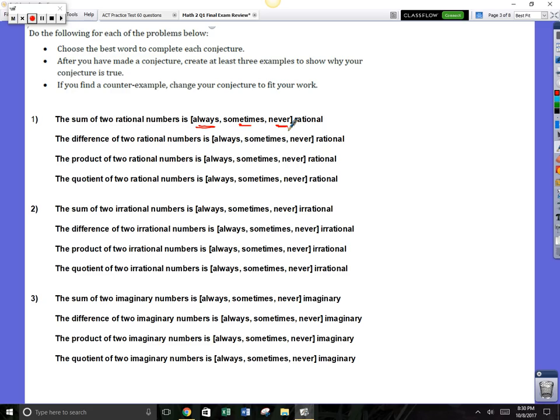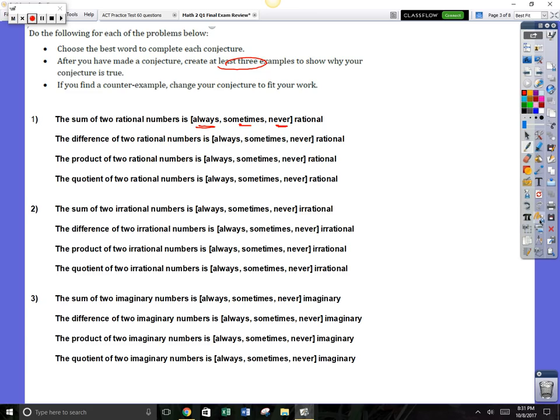And you have to have 3 examples that show why your conjecture is true, or just 1 to prove that it's not. So if you're going to go with always, you've got to have at least 3. If you have a sometimes or never, you just need 1, and you need the one that shows that it's sometimes or never.